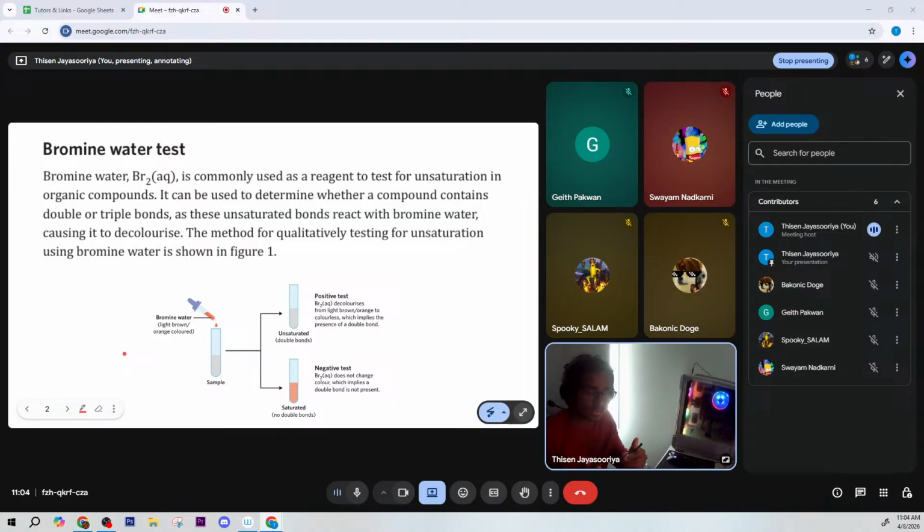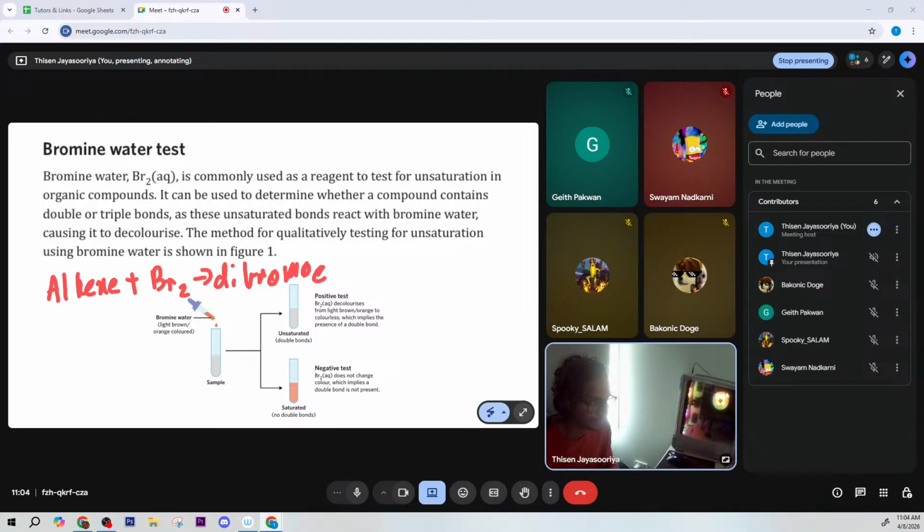So what's happening here is that we can think about it as an addition reaction, yeah? If it's positive, the alkene is reacting with the bromine to form the dibromoalkane, yeah?